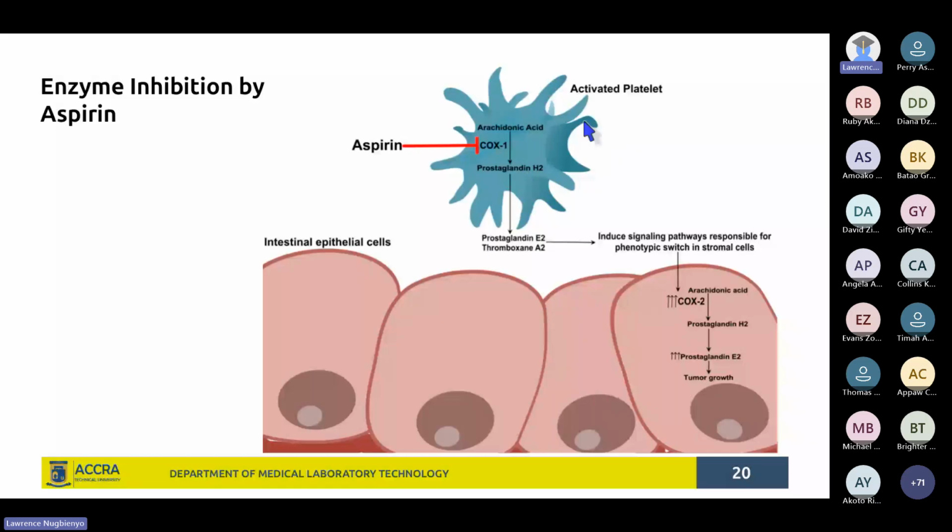You have a response to it by platelets getting activated, and prostaglandin goes on to the formation of some thromboxanes, and from prostaglandin H2 to prostaglandin E. These are different forms of these prostaglandins, which of course will induce some signaling pathways. And it can even result in tumor growth, for instance.